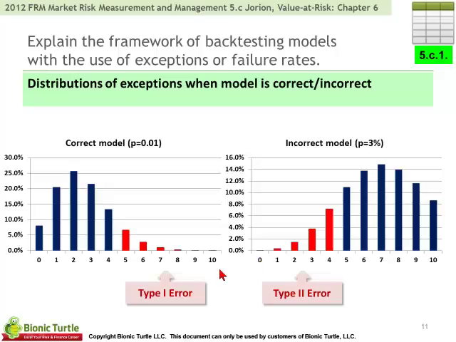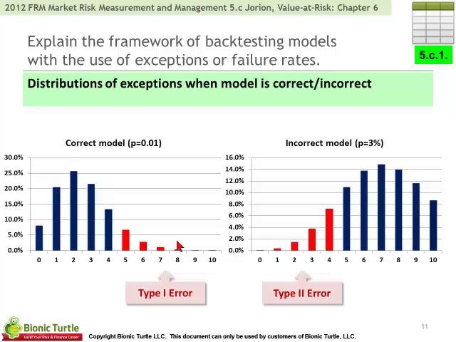In another visual look at the same kind of trade-off decision that we're making, here is the binomial distribution associated with a correct model with 99% confidence, such that we can decide if we observe 5 or 6 or 7 or 8, let's say we observe 7 exceedances, we're going to decide to reject that model.